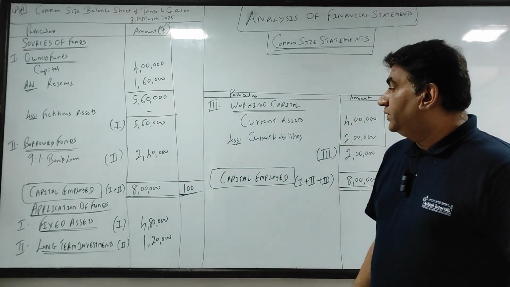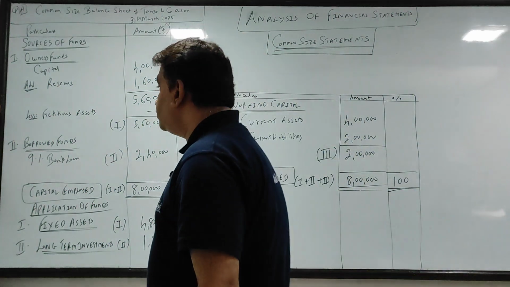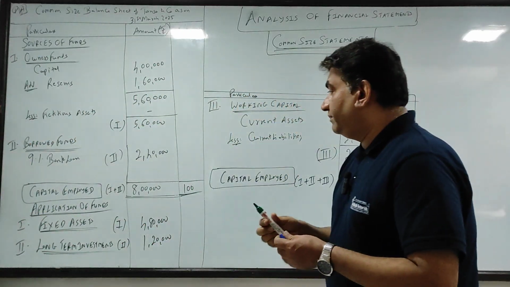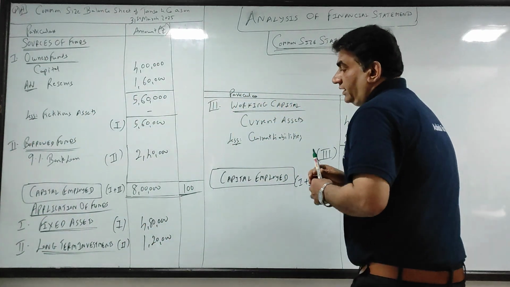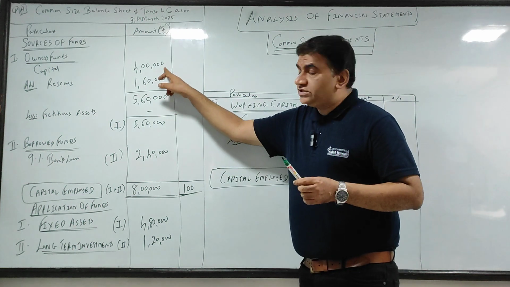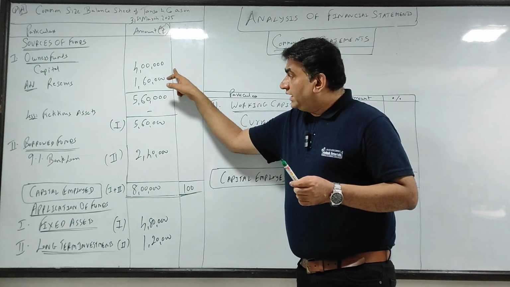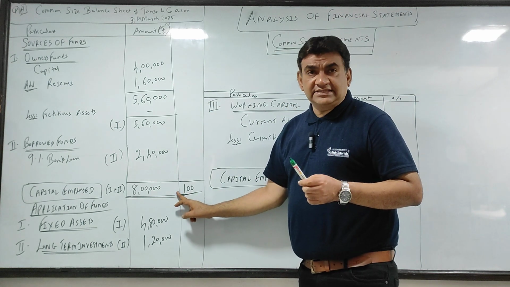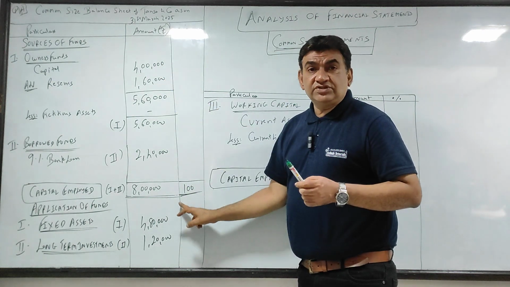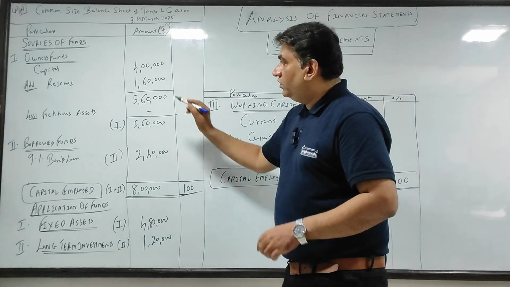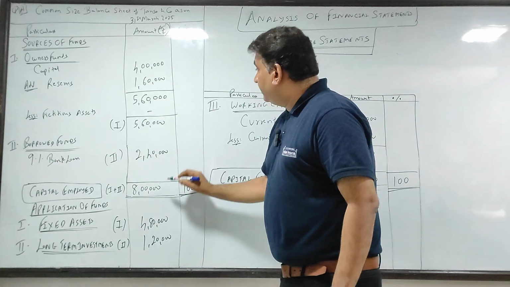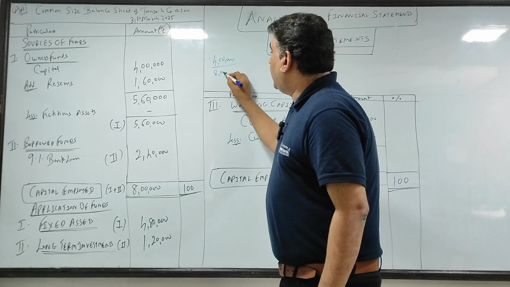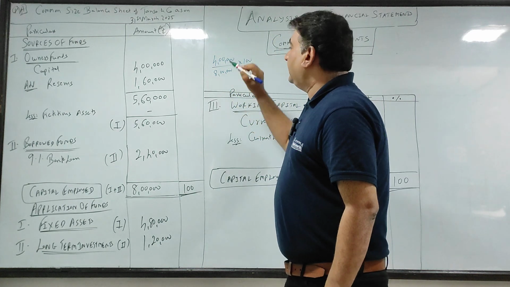Now see guys what you will do. I am supposed to find out one by one how much is the percentage. First, this is 4 lakhs. So you have to tell them 4 lakhs is how much percent of 8 lakhs. So what you will do, 4 lakhs divide by 8 lakhs into 100.